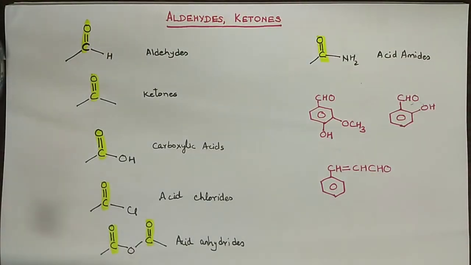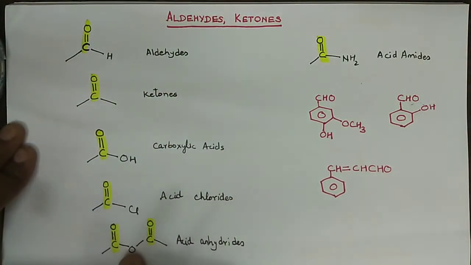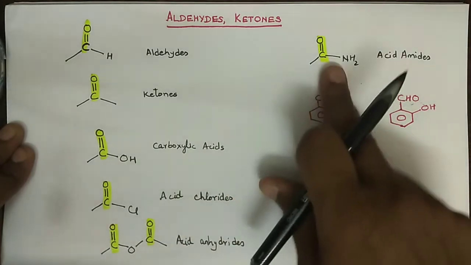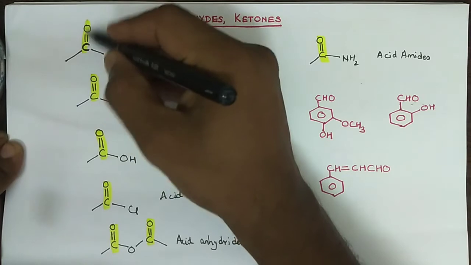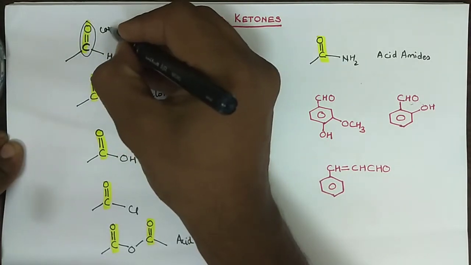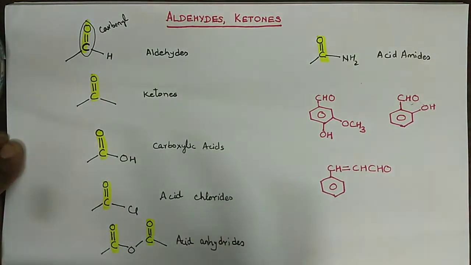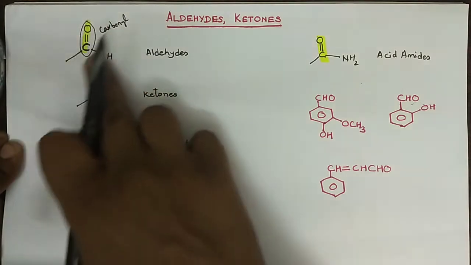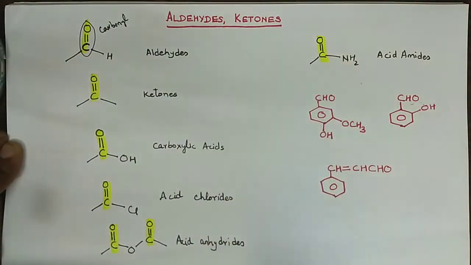Here is this common thing which you can see, highlighted in yellow. This C double bond O group is known as the carbonyl group, right? And the compounds containing the carbonyl group are known as carbonyl compounds.